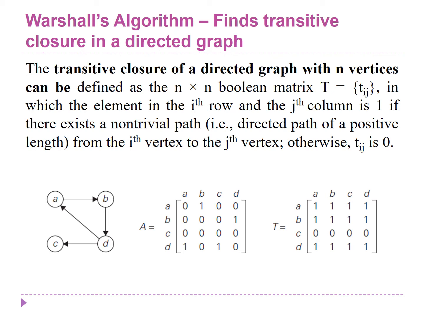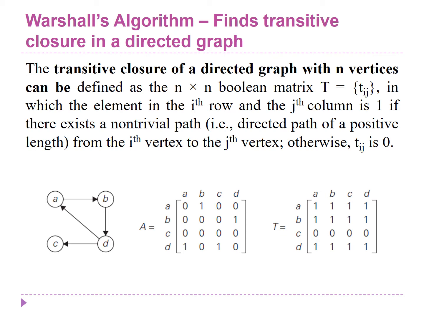There is a directed edge between the vertex B and the vertex D. Hence, there is a value of 1 in the adjacency matrix A in the location of Bth row and Dth column.